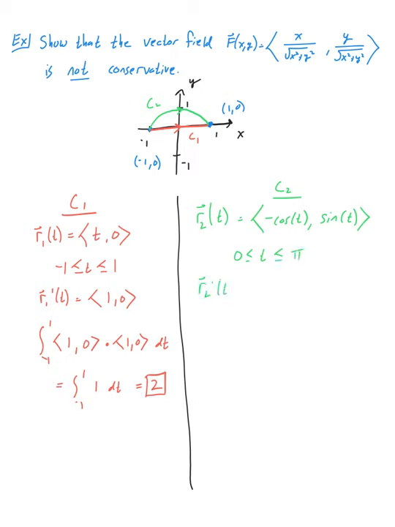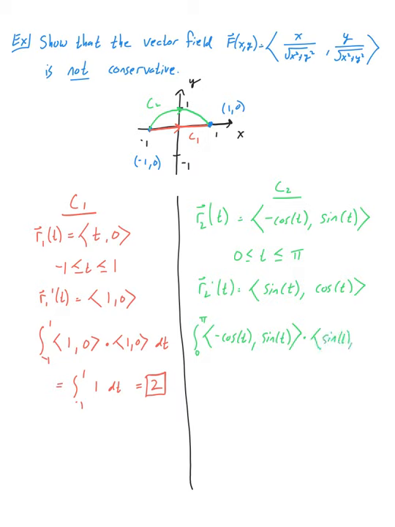Now the derivative, r sub 2 prime of t, is equal to sine of t, comma cosine of t. And now we can set up the integral. So we have the integral from 0 to pi. Again, I plug in my parameterization for r2 of t into capital F, and because the square root of x squared plus y squared is just 1 in this case, I just get r2 of t.